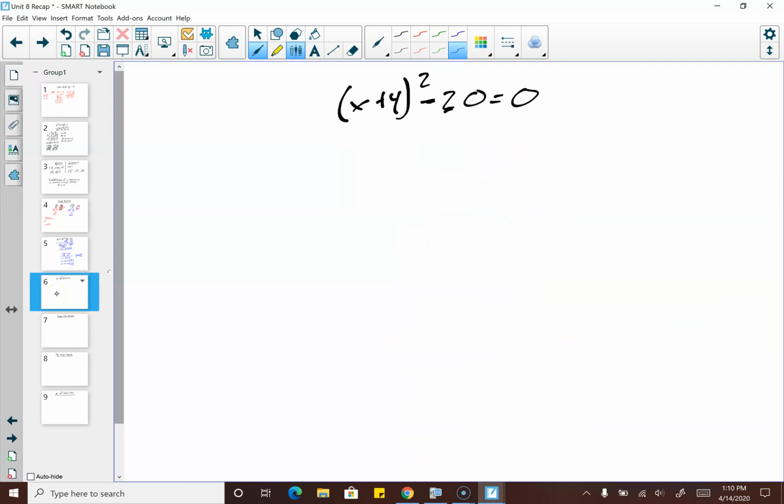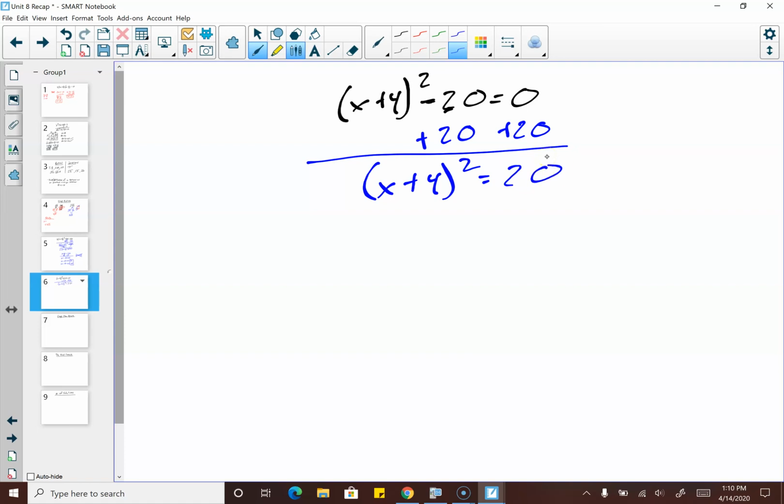Here, if we look at x plus 4 squared minus 20 equals 0, well, it's basically the same process that we just did, except when we get to the square root part, it's going to change a little bit. So we add the 20 to both sides, take the square root.